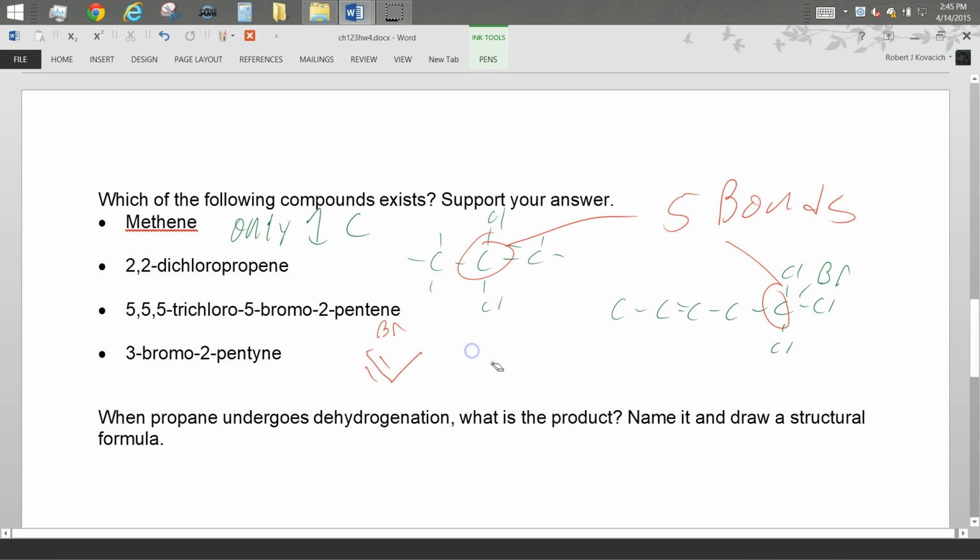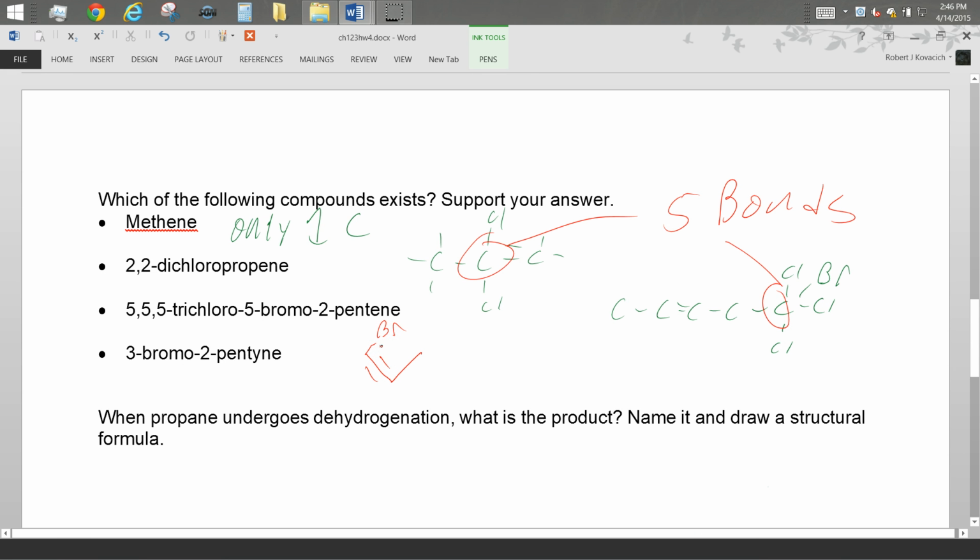So what's wrong with this one? Too many bonds? Why? I don't see too many bonds anywhere. That's not the problem. What's the problem?